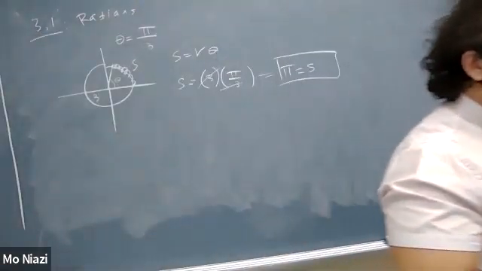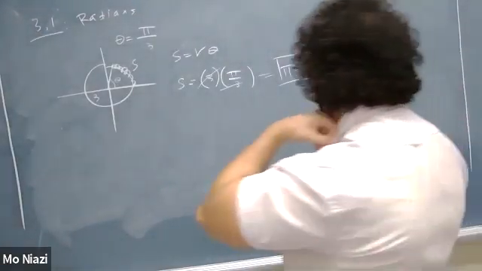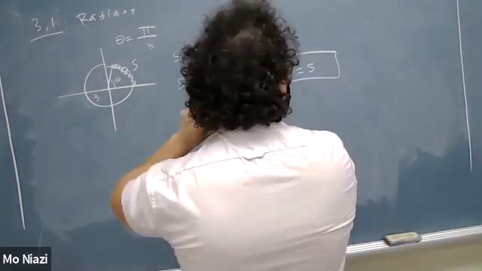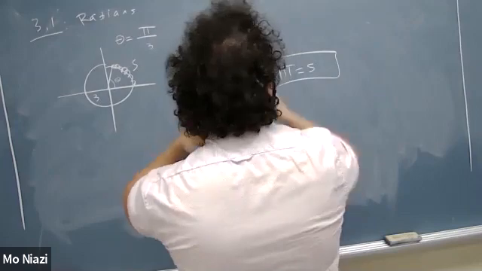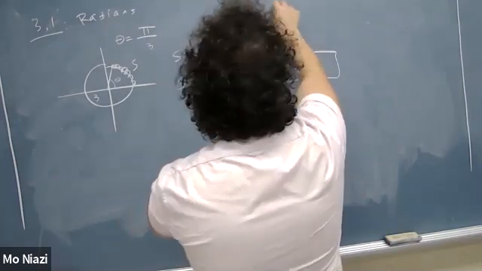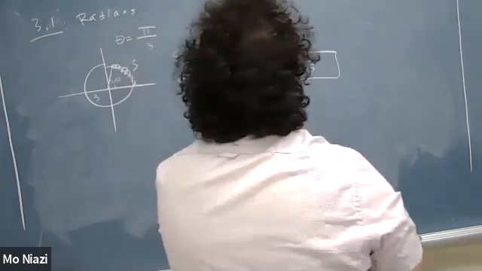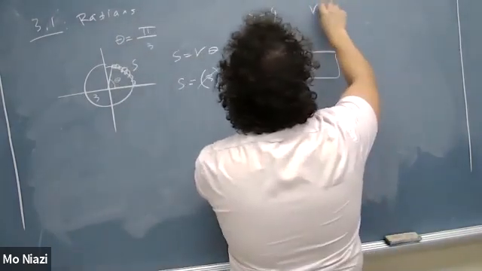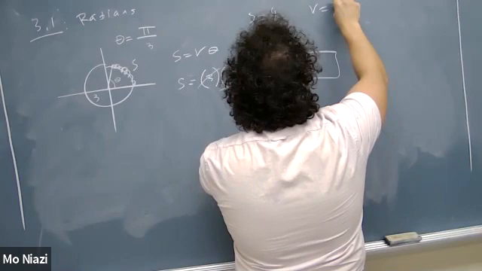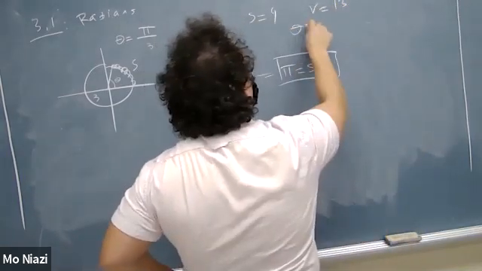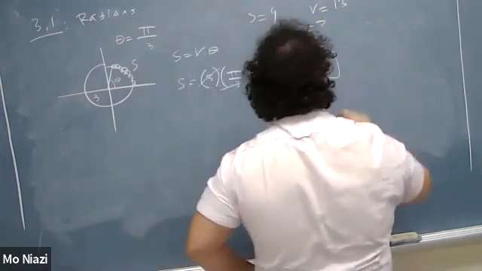Okay, so here's another situation. What if I give you an arc length? Let's say S is equal to 4. And what if I give you the radius of your circle is 13? What is the angle in which you rotated through?